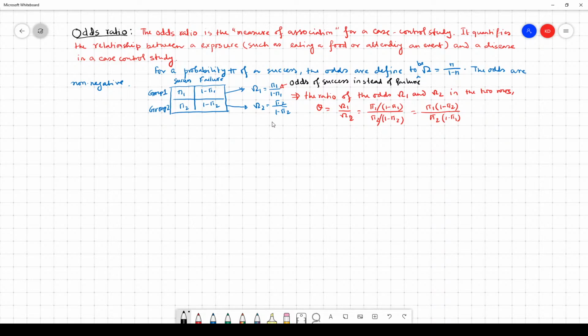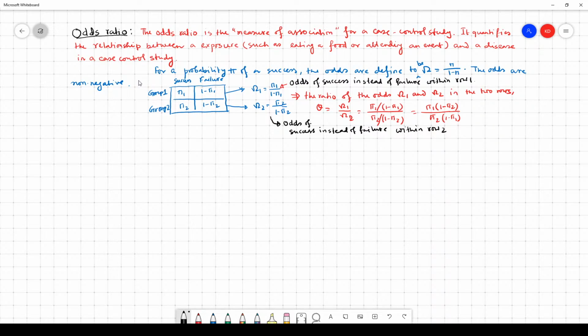And this is called the odds of success instead of failure within row 2, and this is within row 1.